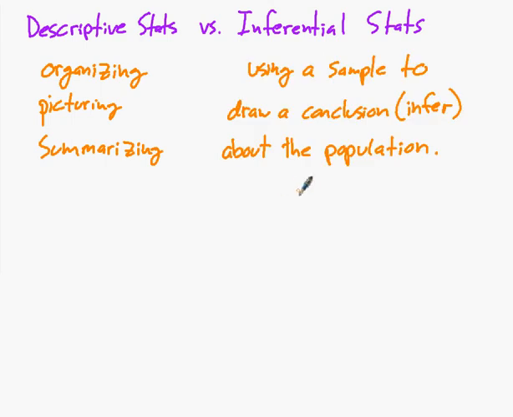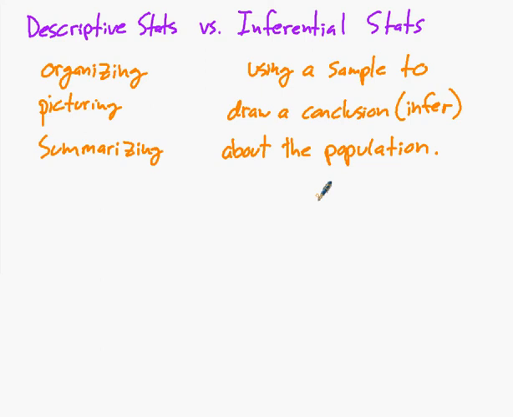Inferential stats is involved in using a sample to draw a conclusion or to infer from that sample something about the entire population. This actually is much more interesting, I find, than the descriptive stats. This is kind of the basic structure. If we have a sample of the human population, for example, what can we say about the entire population?